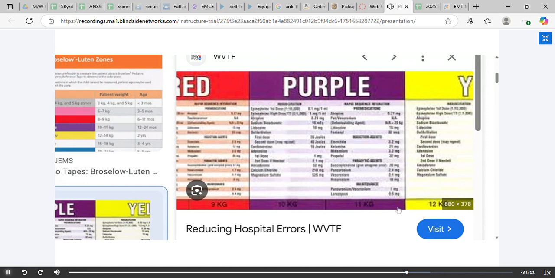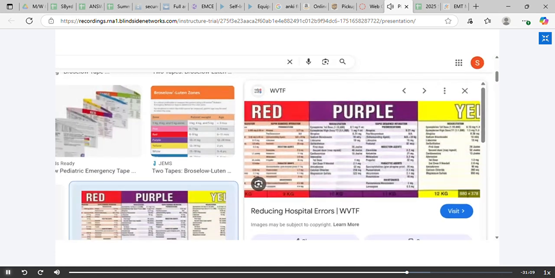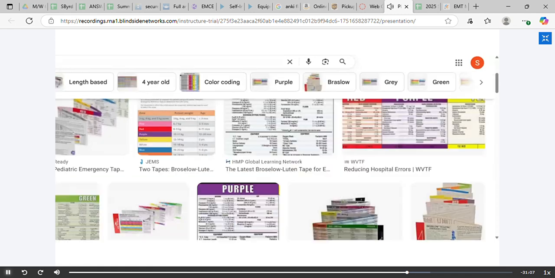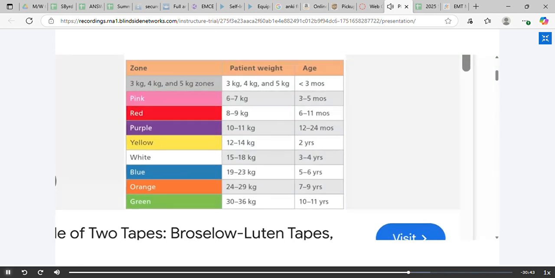So the approximate weight, and one side is going to go over the normal vitals of kiddos who would fall in that weight range. There's equipment sizes for different equipment pieces that you might use. Medications, especially if you're in advanced EMS, like advanced EMT or paramedic, what are some of your first line cardiac meds and things like that. That is what these Broselow tapes will show you.